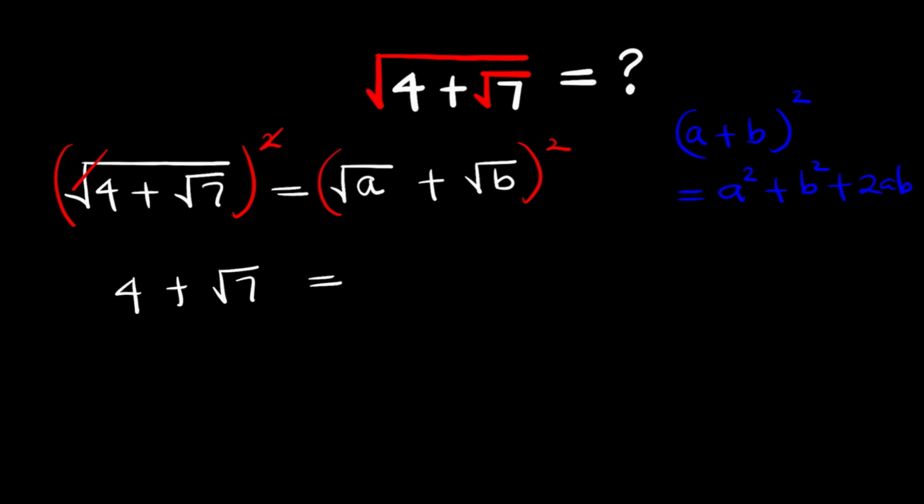But because of the radical here, the result will simply be, after expansion, a plus b, then plus 2 root ab.